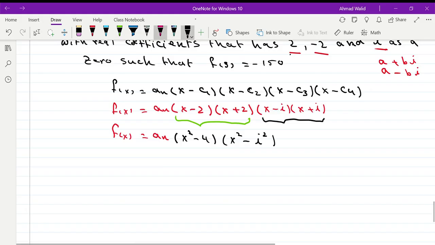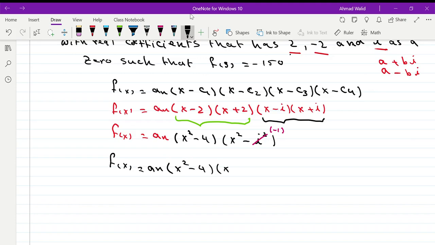But remember, the value of i squared is negative 1. It means I can rewrite this as f of x equals a sub n parentheses x squared minus 4 times x squared plus 1. Correct? Minus minus 1 means plus 1.